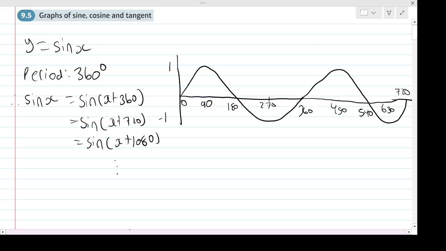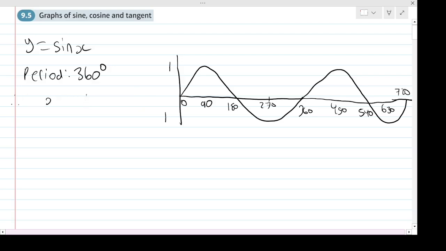Okay, and also you can go backwards as well. So if I get rid of this idea of the period for a second, the graph goes back, and we can go backwards as well.